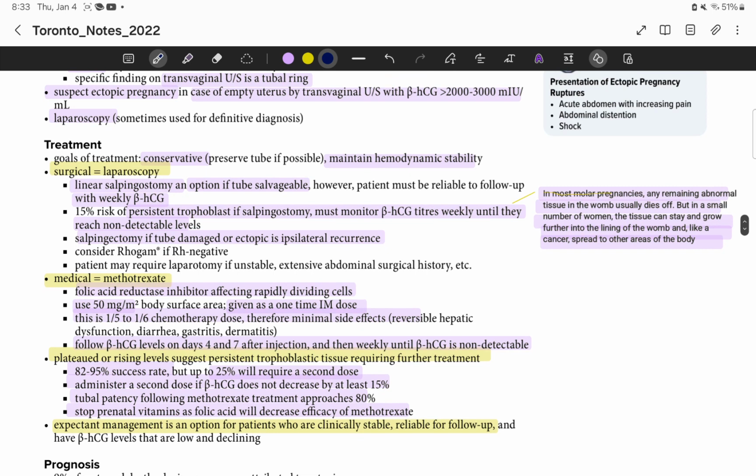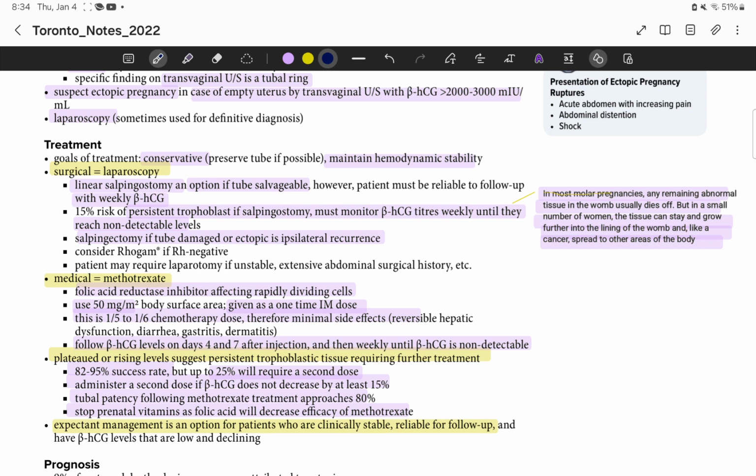So what are the treatments in this case? We have conservative, maintaining the patient hemodynamically stable, and surgical laparoscopy.